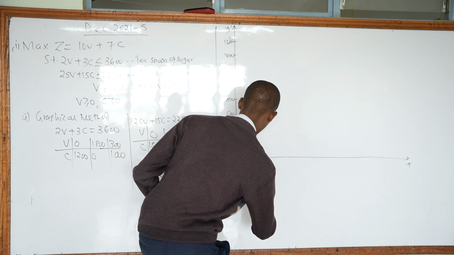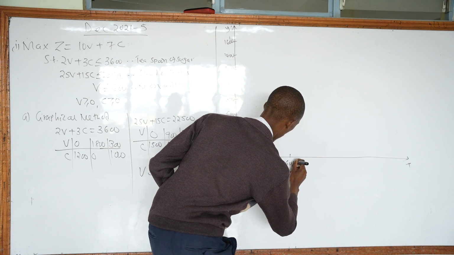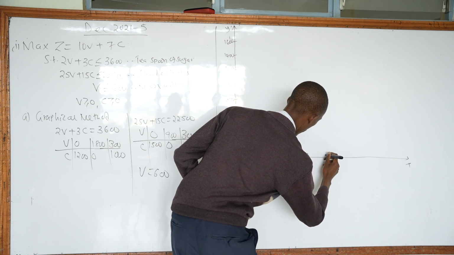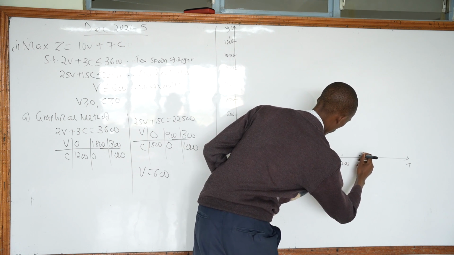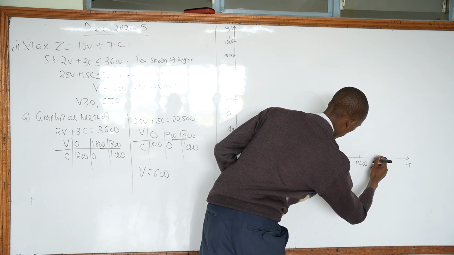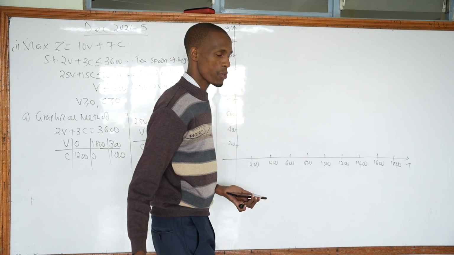Once again here, 800, 1000, 1400, 1600. So we are using a scale of 200.